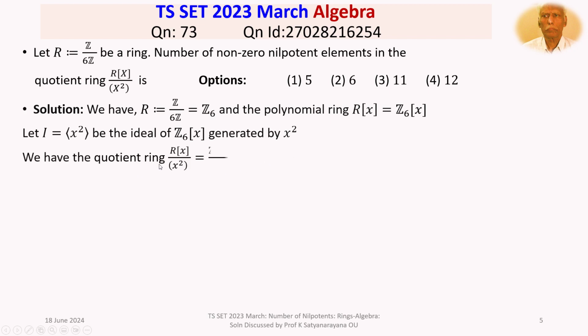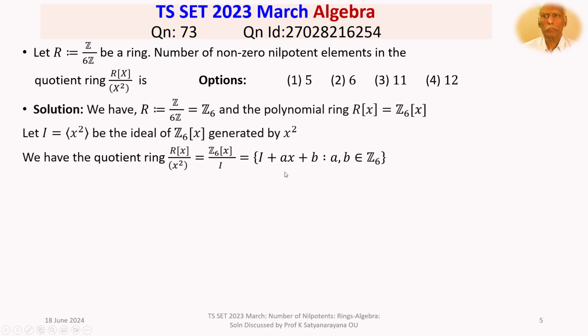We have the quotient ring. Yes, we have the ideal, we have the ring R. So the polynomial ring by the ideal generated by x² is Z6[x]/I. And who are the elements? The elements are the cosets, that is I + ax + b, where a, b belong to Z6. And why have we written ax + b?